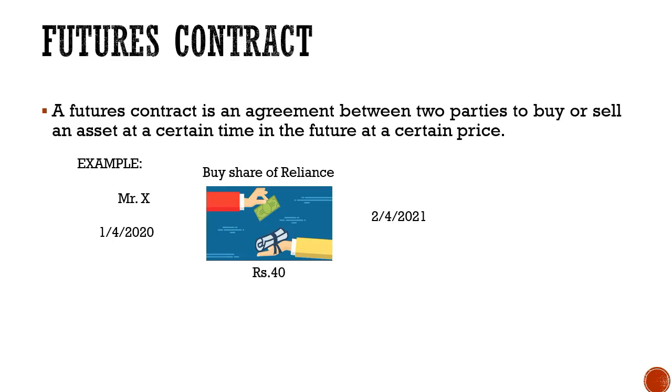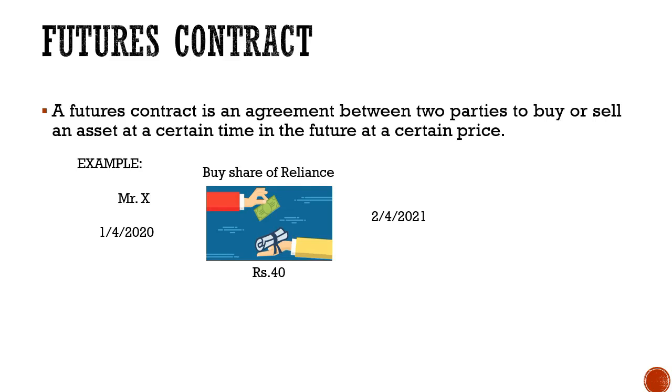Now the price of Reliance is rupees 40 as of now. As on 1st April 2020, one share of Reliance costs rupees 40. But he wants to buy that in future, that is after 1 year he wants to buy that share.